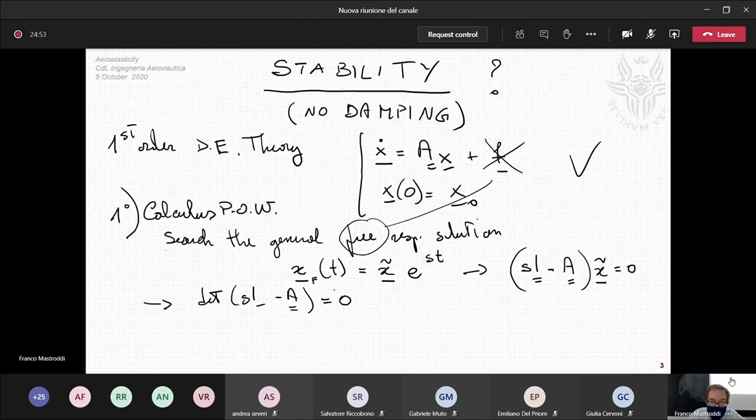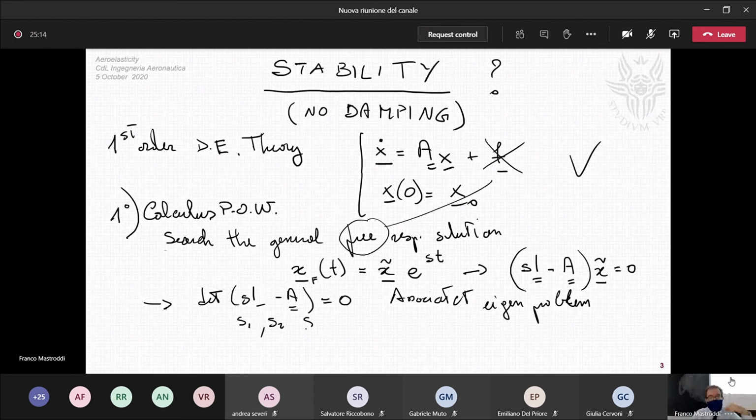So you have an associated eigenproblem. Okay, so you can determine s1, s2, s3, and so on. And for each s1, s2, s3, you can determine the associated eigenvector like this.